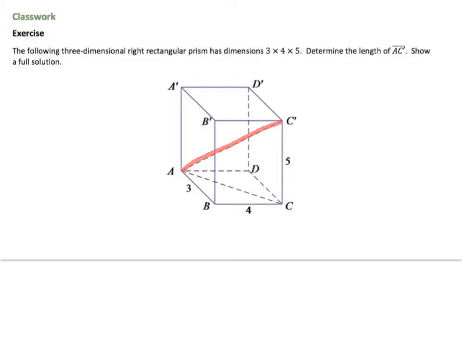That line right there, it's going from the back left corner to the front right corner. So if we look at this shape, it is a triangle. So I'm going to continue this on here.